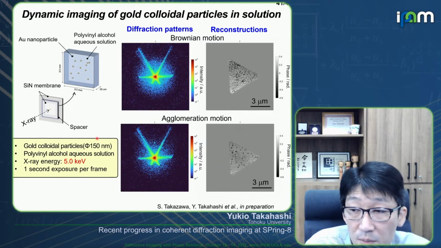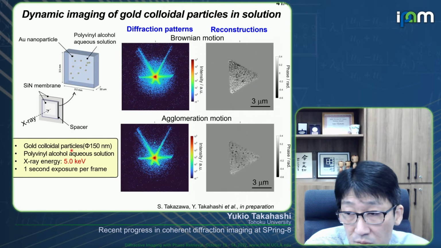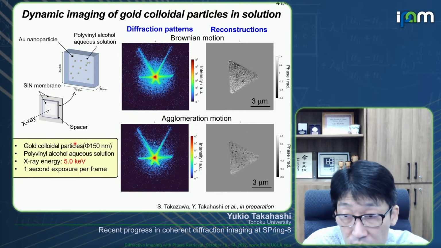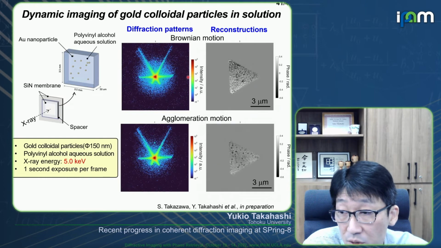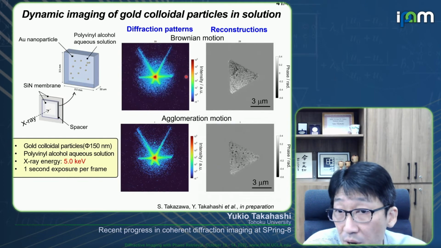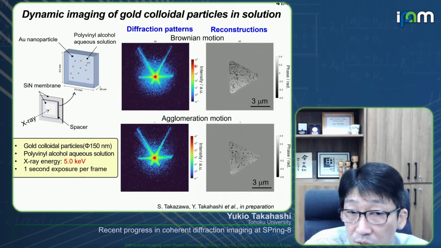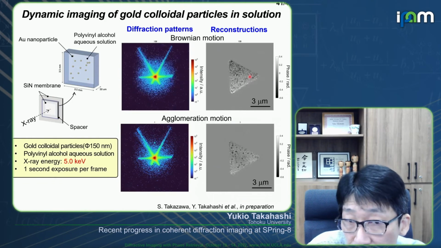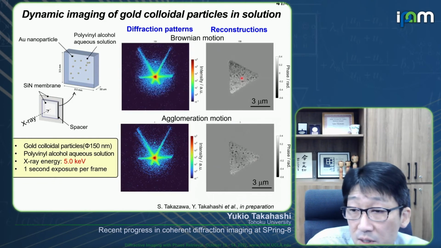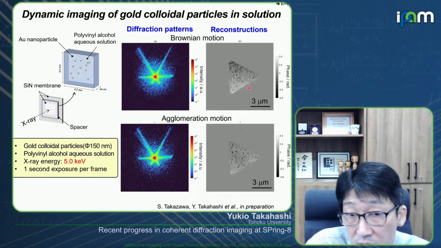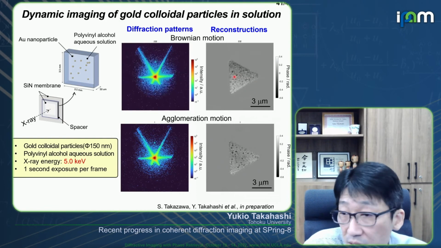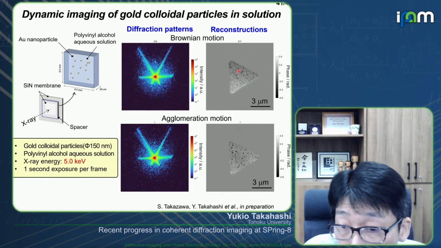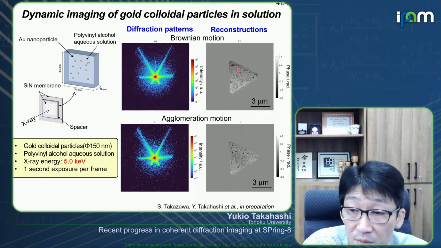The measurement was taken with 1 second exposure per frame. This is the diffraction pattern and the image reconstructed frame by frame. That is Brownian motion. We can see the Brownian motion directly. The motion of the particle is very, very clearly captured. So the other one is a more funny image.